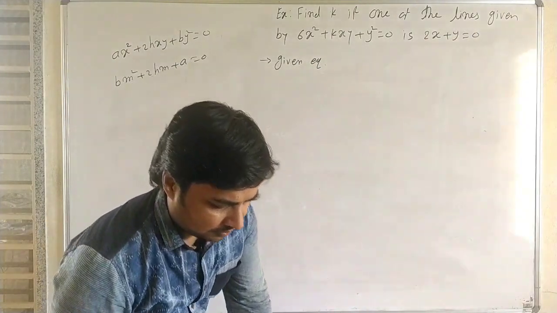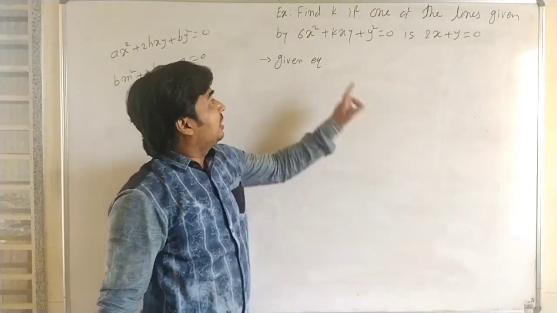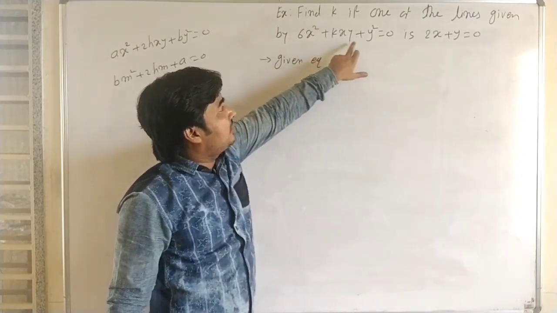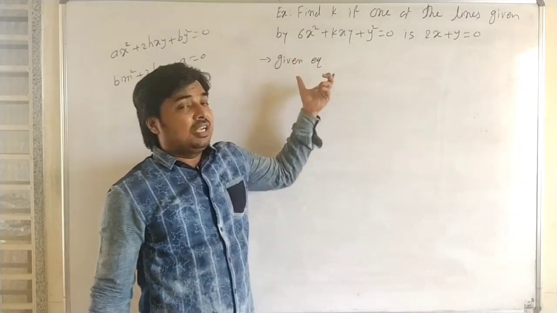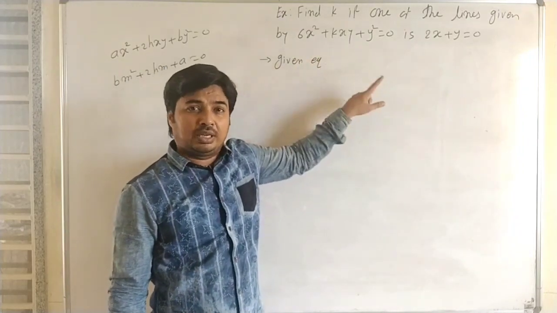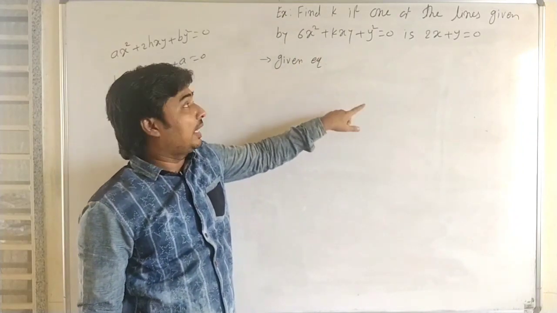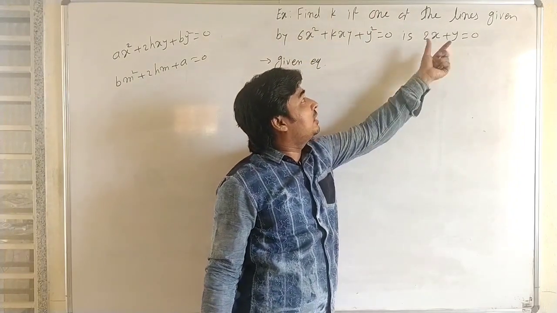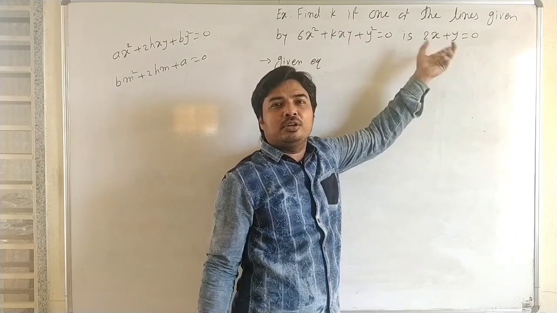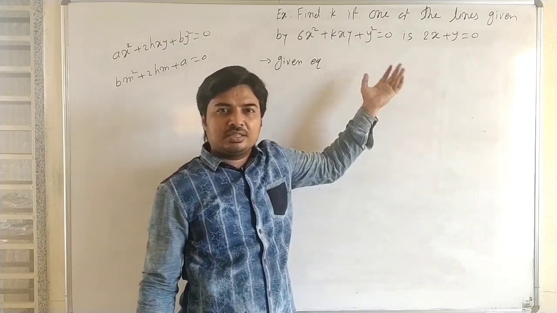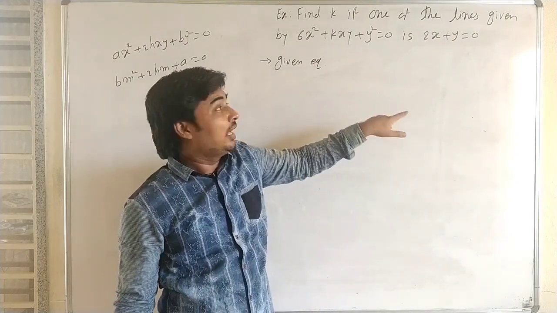Now here it is given that one of the lines is represented by this equation. In the last example the slope of one of the lines was given, but here one of the lines is given, therefore its slope is minus 2, and therefore m is equal to minus 2. In the last example the slope was already given, that is 1.